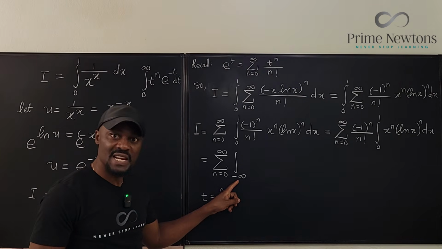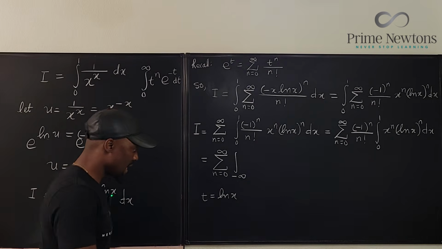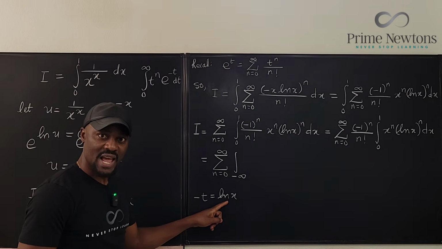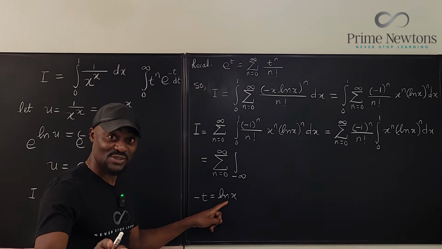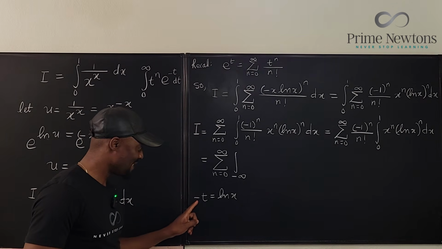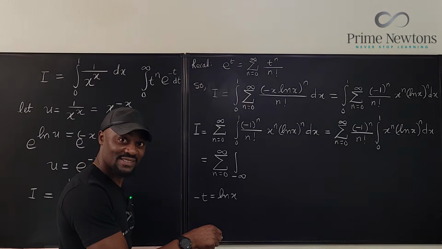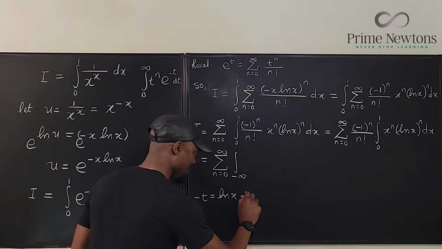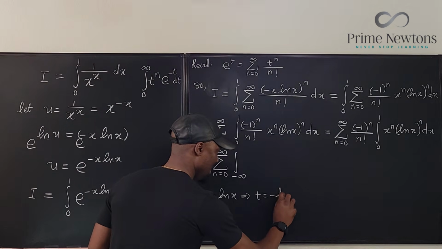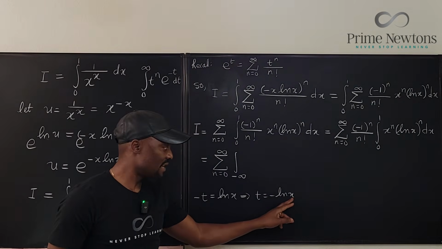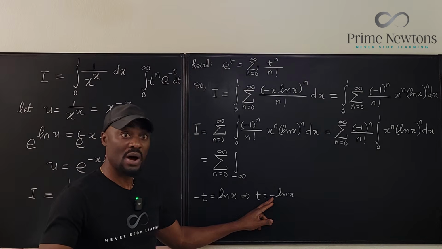But if you don't want it to be negative infinity, you can say let negative t be ln x. That's a faster way. Okay, let negative t be ln x, so that means t is negative ln x, right? This implies t is negative ln x, so that when x is 0, this is negative infinity times negative, that gives us positive infinity.